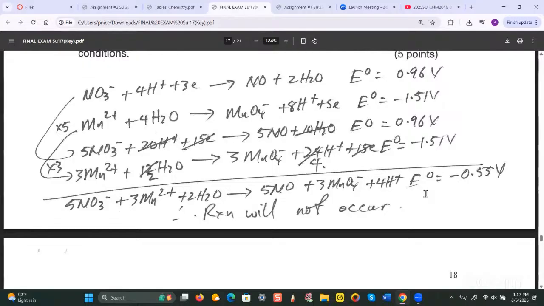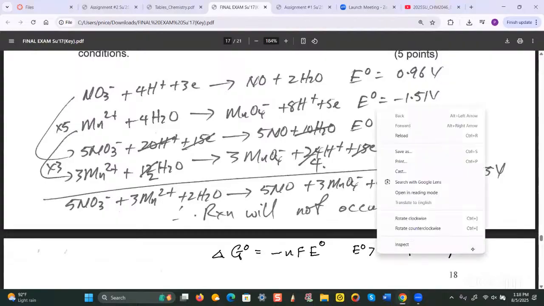And remember, there's a relationship between delta G standard and the standard EMF, and that is delta G standard is equal to minus nFE standard. Because of this negative sign, you see that kind of inverse relationship between delta G standard and E standard, right? Because if E standard is positive, that means that delta G is negative, which means that the reaction is spontaneous.